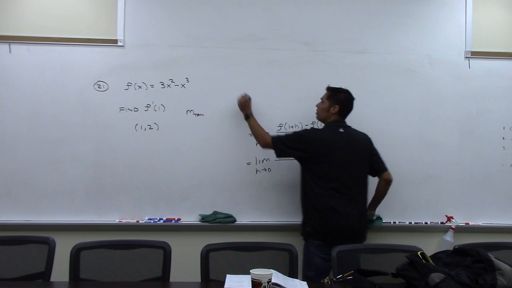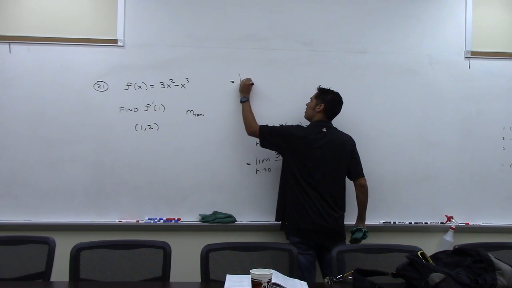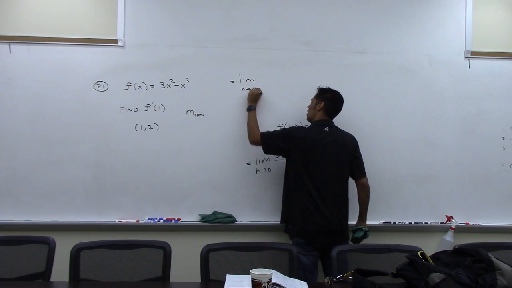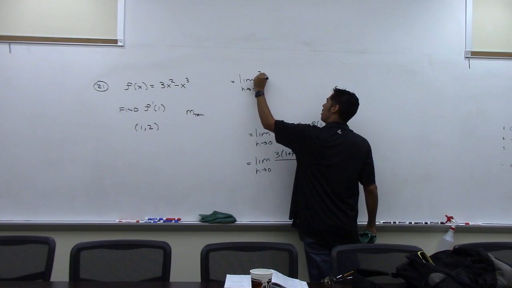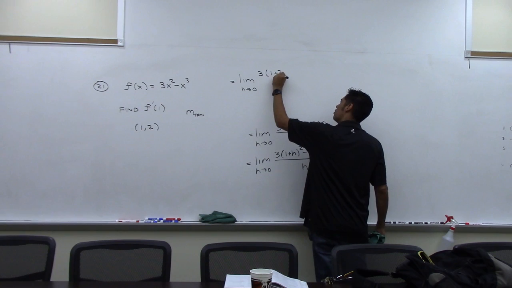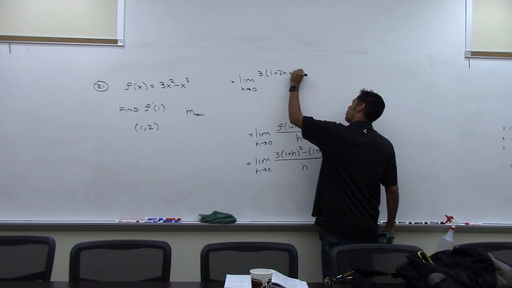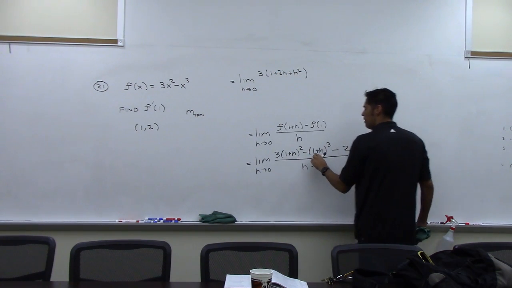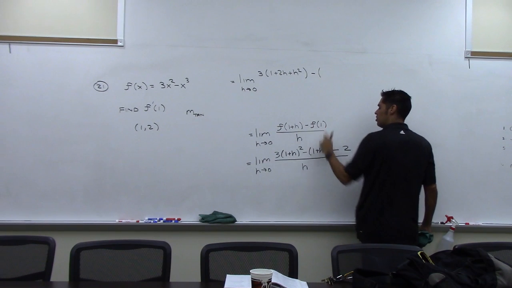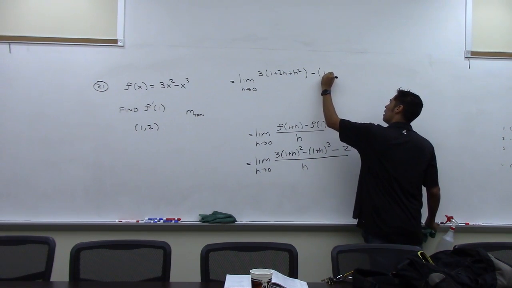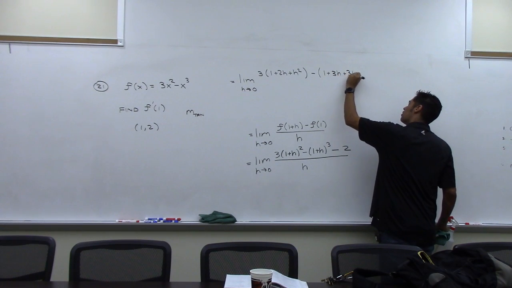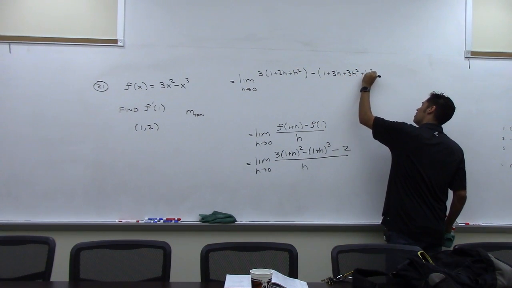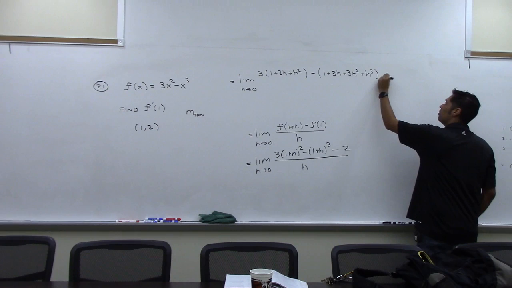So we have equals the limit as h goes to 0. All right, I'm going to expand this out, 1 plus h times 1 plus h. So I have 3 times 1 plus 2h plus h squared. That's this. Minus, and then 1 plus h cubed. If you did that, you get 1 plus 3h plus 3h squared plus h cubed. And then we still have minus 2.